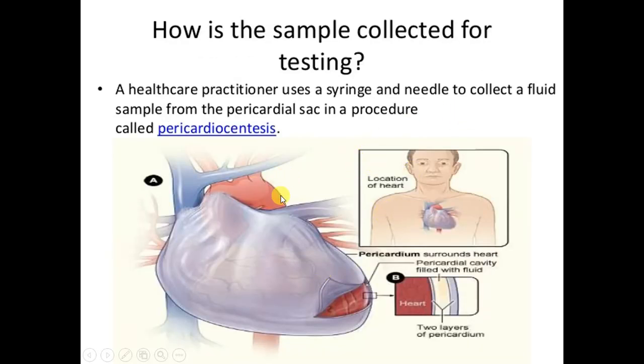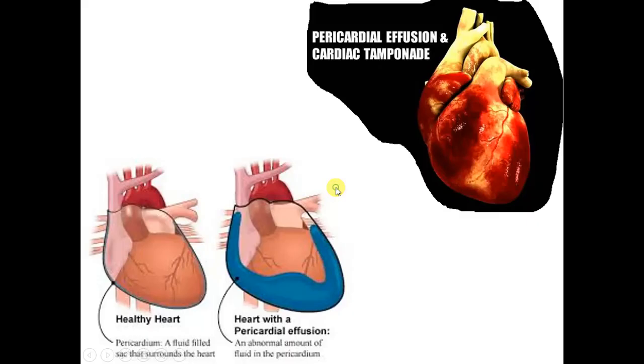So here this slide shows that if you develop pericardial effusion, how can you take a sample of pericardial fluid, which is called pericardiocentesis. So you see here the fluid is taken from the pericardial cavity.